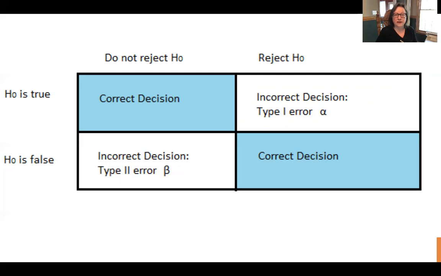That is a type 1 error. Hopefully this graph will help you if you think more graphically, like a table, instead of words like I've used with chocolate examples. Hopefully this will clarify it for you. If the null is false and you don't reject it, then you've made a type 2 error. If the null is false and you do reject it, you've made the correct decision.